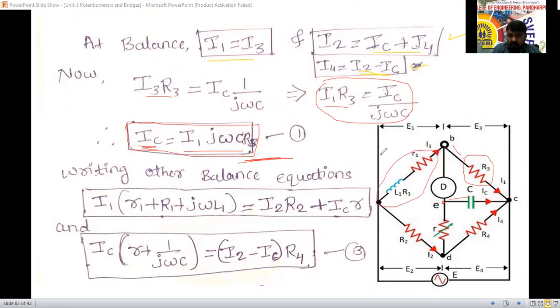Z1 equals capital R1 plus small r1 plus j omega L1. Z1 impedance equals R1 plus r1, because of the inductance XL equals j omega L1. So I1 into (R1 plus r1 plus j omega L1) we can write here, the voltage drop across AB.